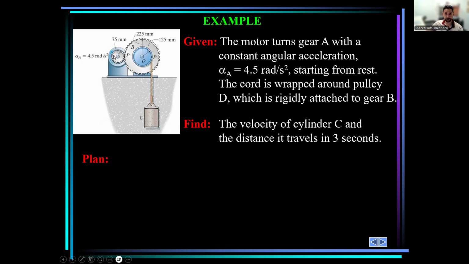But we're going to have to be able to go from this 75 millimeter gear A to this 225 millimeter gear B with their respective radii, and then go to this drum D or pulley, whatever they call it, and then to the velocity of C somehow. So we need to start thinking about how those are related.